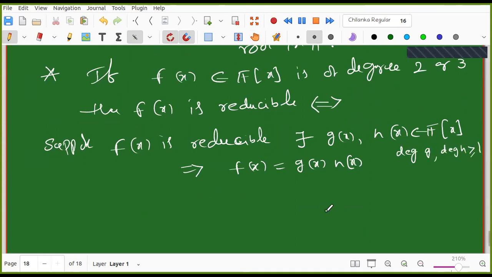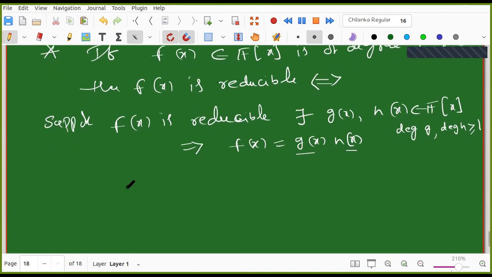If they are 0, they become units. So reducible means I can write it as a product of two non-units, right? So this is also part and parcel.